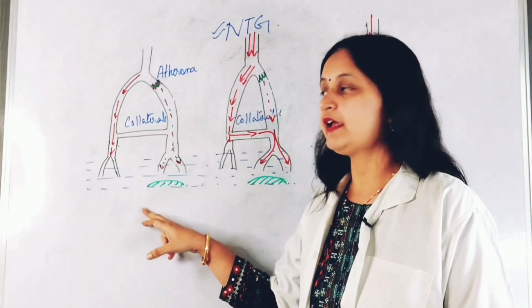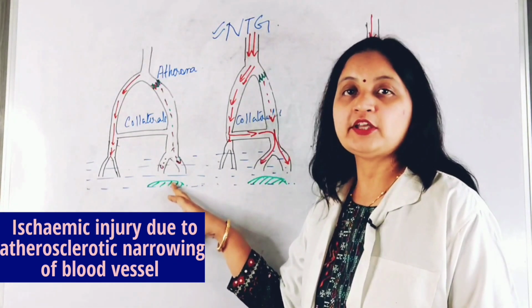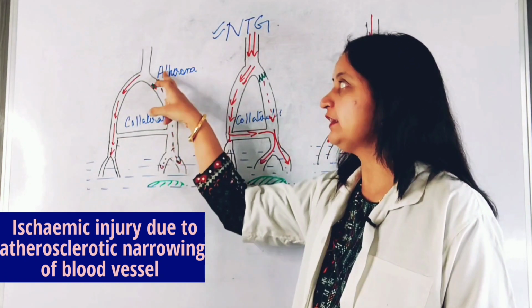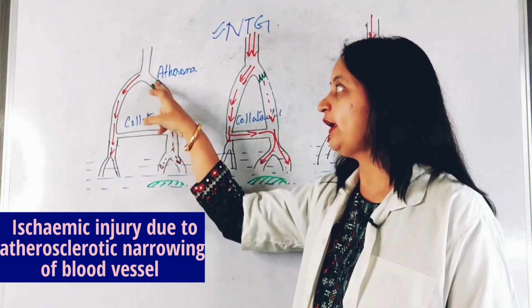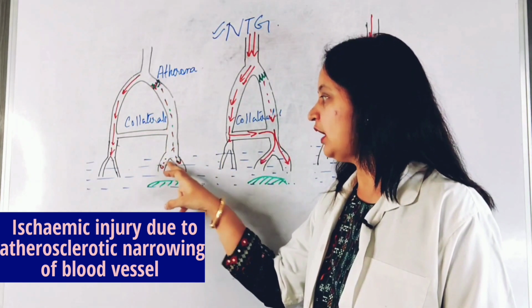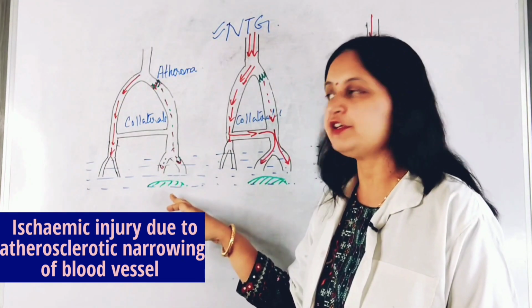As we can see in the figure, the subendocardial region of the heart is more prone to injury, and when there is an ischemic injury because of an atheroma which causes narrowing of the blood vessels, and this decreases the blood supply to the heart muscle, to the tissue, causing injury to the subendocardial region.